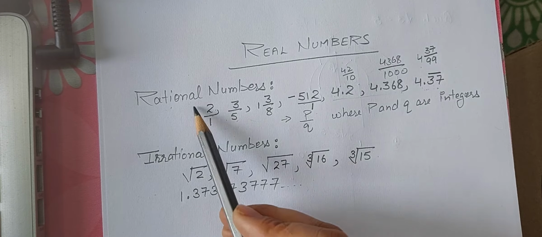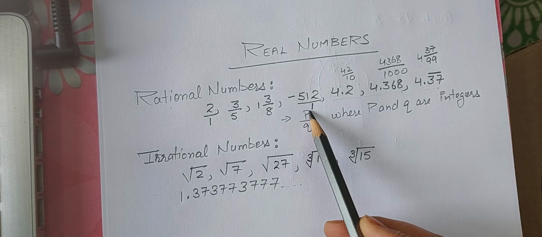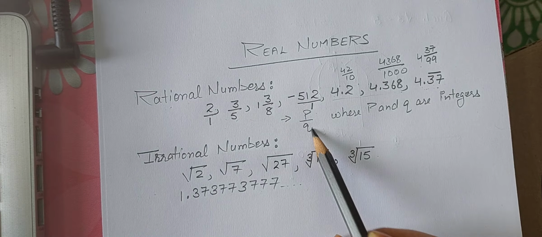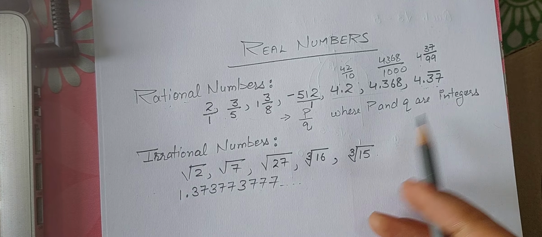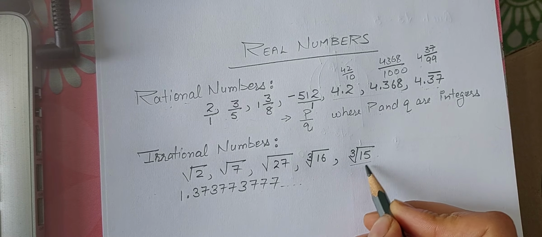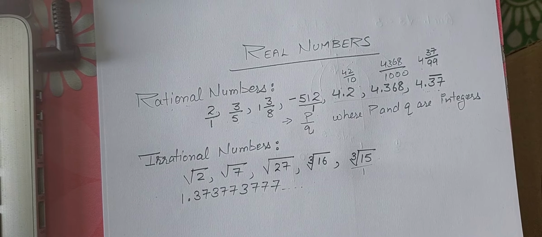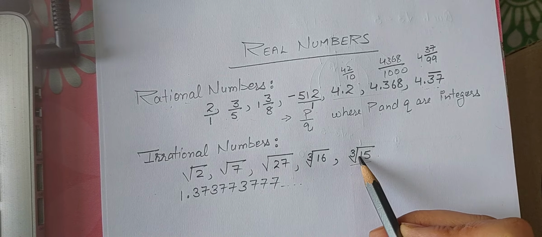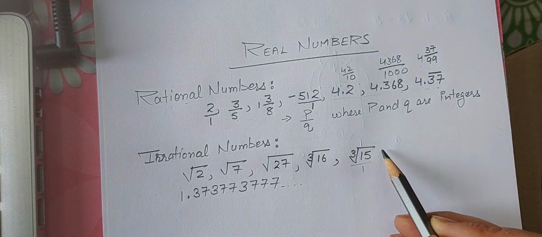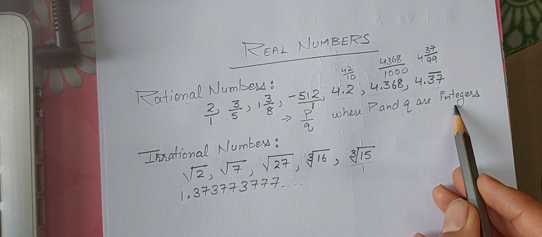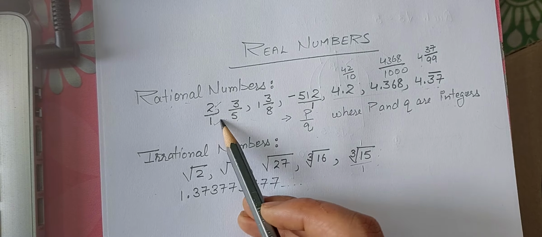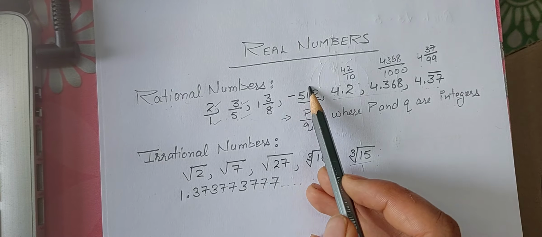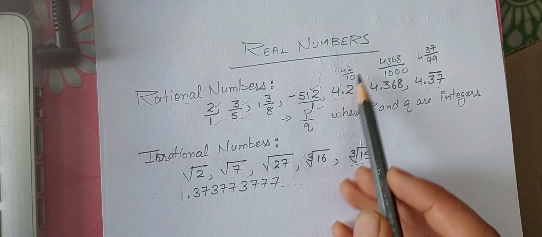Any number which can be expressed in P upon Q form will be called rational if P and Q are integers, because otherwise we can convert this also into a P upon Q form. So this is convertible in P upon Q form, but P and Q are not integers here. In all the above cases, this is a positive integer, this is an integer, this is a negative integer, this is a positive integer.